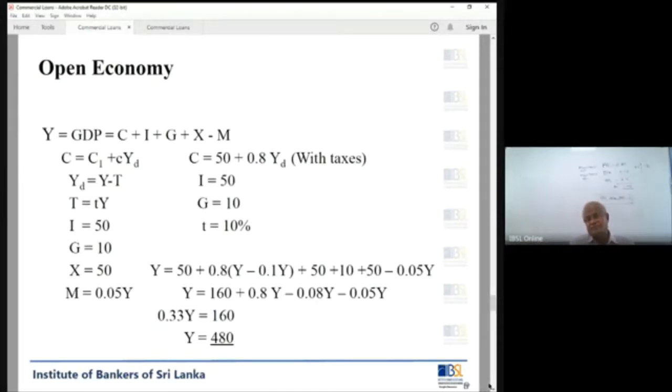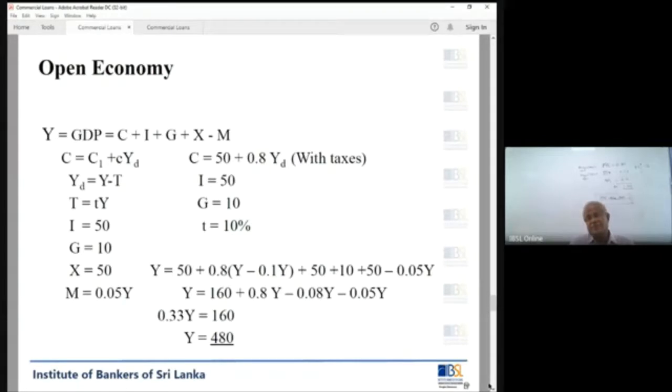50 investment, 110 government expenditure, then exports 50, minus M. Minus M is 0.05Y. Understand now the calculation? C plus I plus G plus X minus M. You substitute all these things.